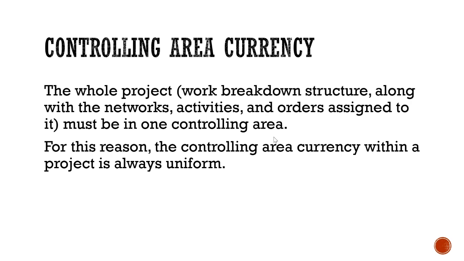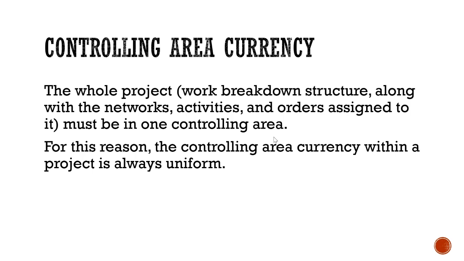Whenever you see a report, for networks and activities for example, there will be a field where the report is displayed in the controlling area currency. That is the currency defined in the controlling area which you provided in the project definition. So this is how the controlling area currency comes.